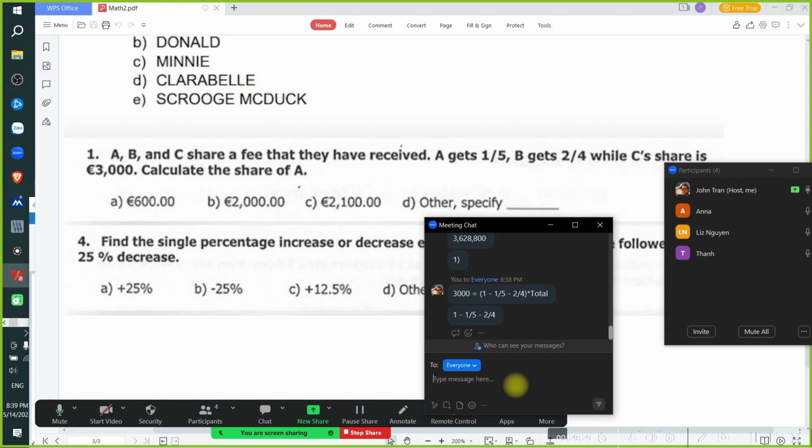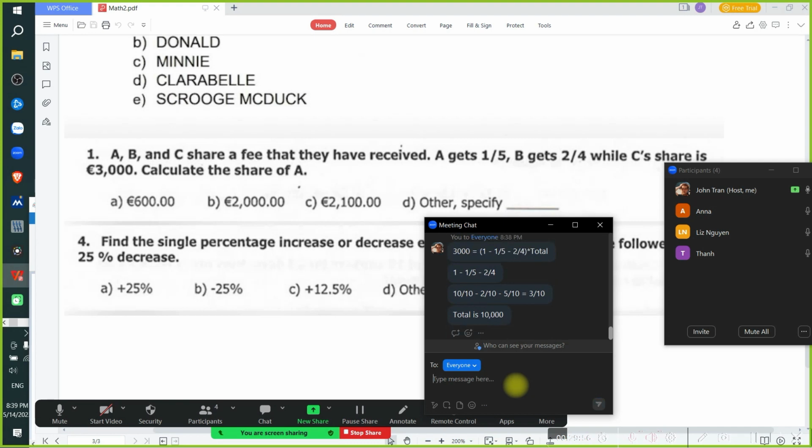You can rewrite it. So it's going to be 10 out of 10 minus 2 out of 10 minus 5 out of 10. So you get 3 out of 10. So C's share is 3 out of 10. So it means the total is 10,000, right?